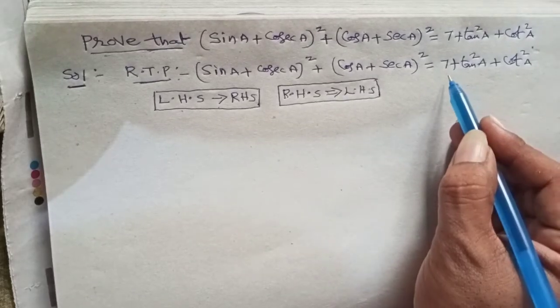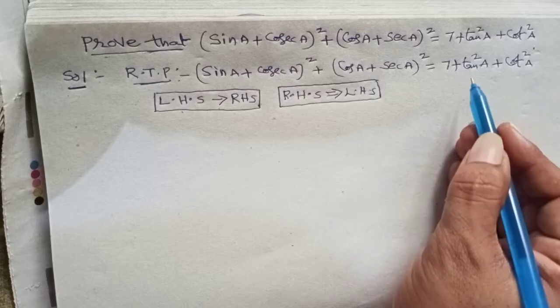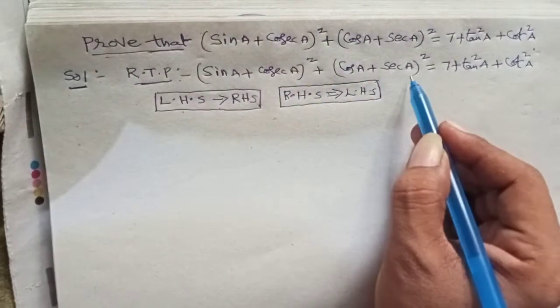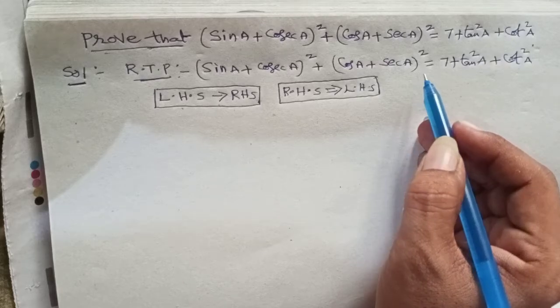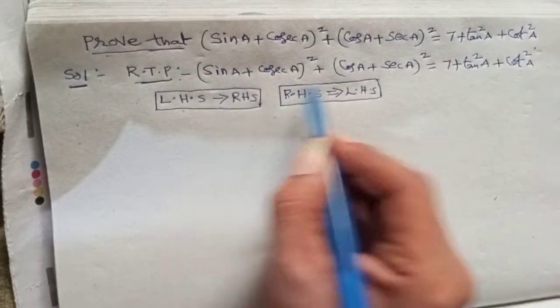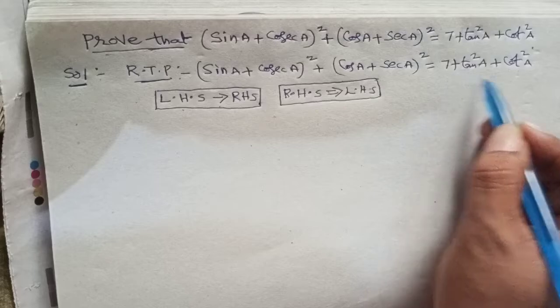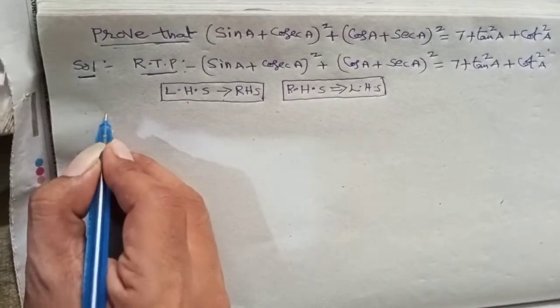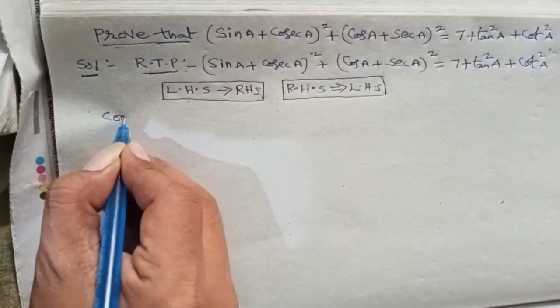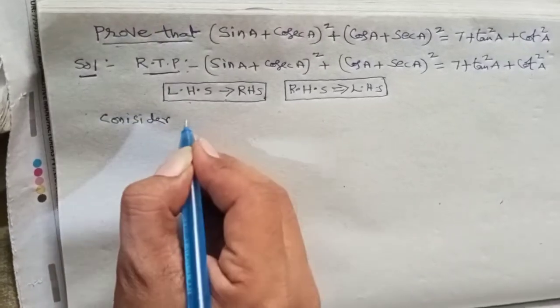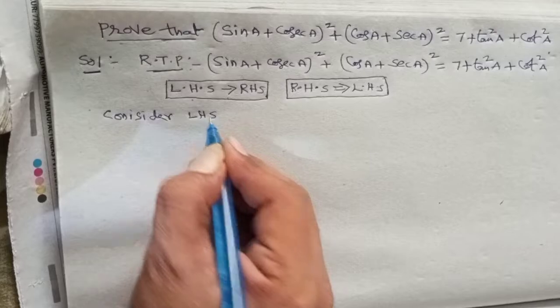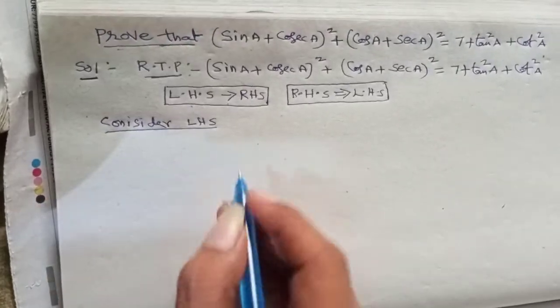If you take the shorter one and try to get the longer one, it is a risky process for many problems. So I will take the longer one and try to get the smaller one. That's why I will consider LHS.